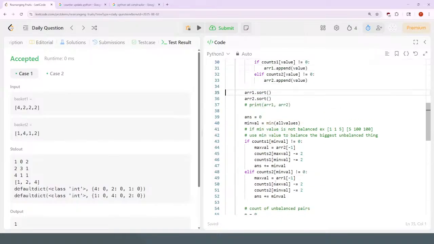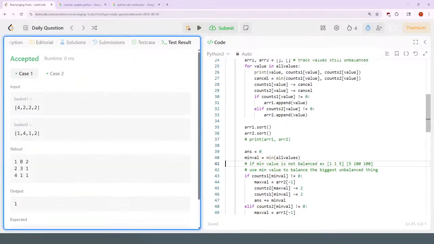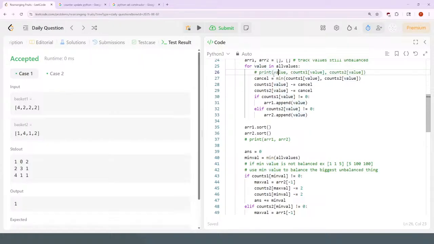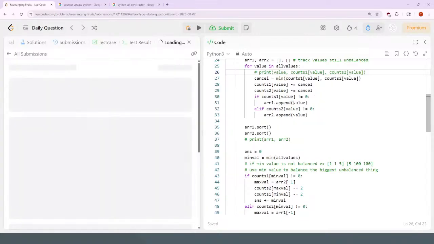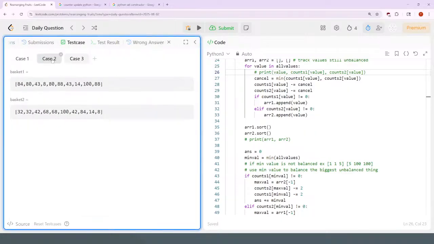I can hide some of these prints. I think I'm missing another print here. Ooh boy, that's not good. That's really big.